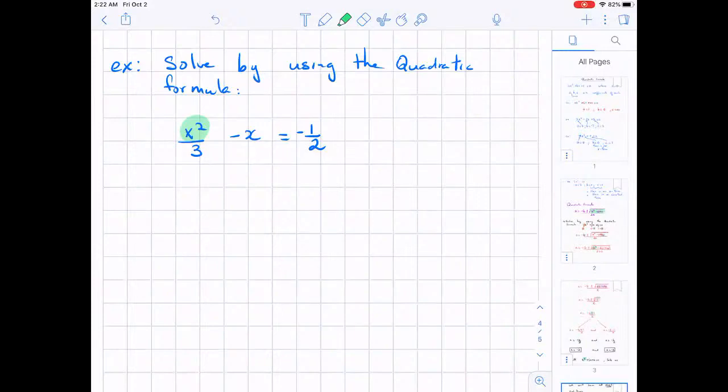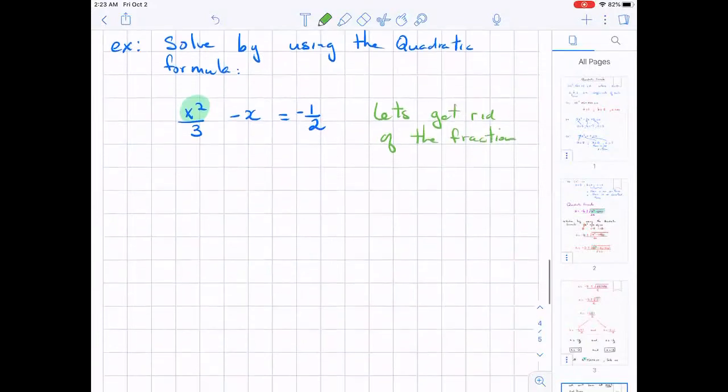So let's get rid of the denominators first, okay? So to get rid of the fractions, we'll multiply by the common denominator, in this case the lowest common denominator, which is 6.